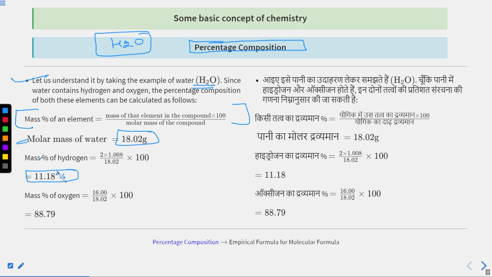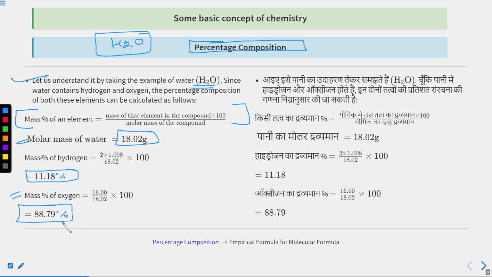For oxygen, only one oxygen is there, so 16 divided by 18.02 multiplied by 100 comes out to be 88.79%.